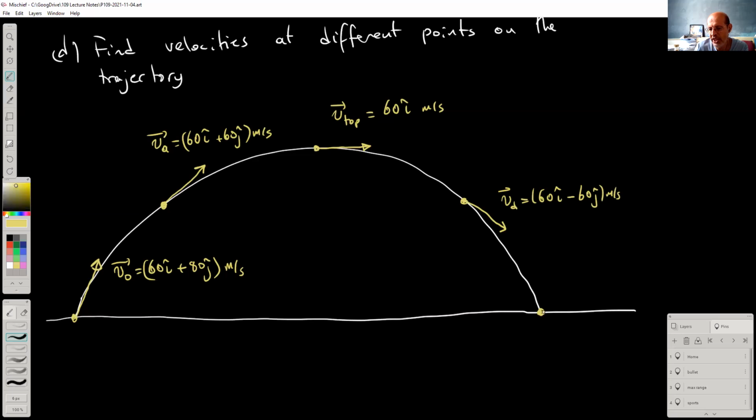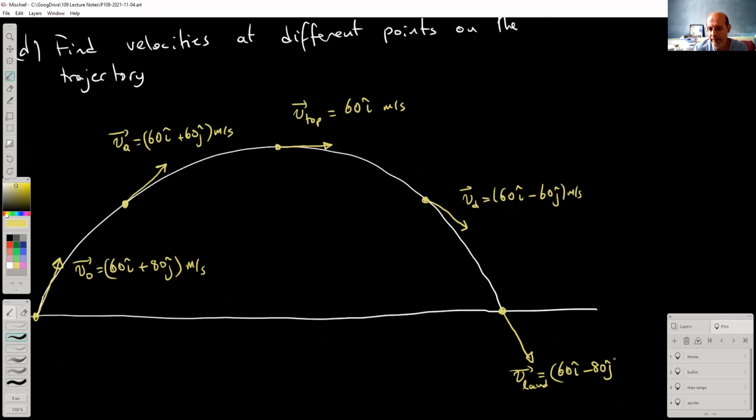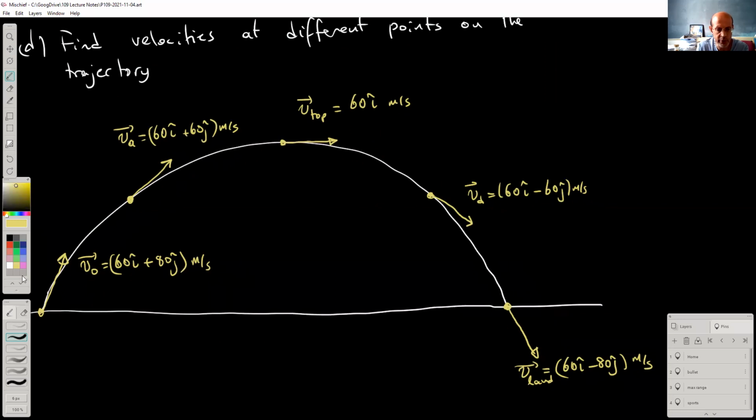The y component changes continuously. So as a result, at this point, let's say V landing here, landing velocity, that's going to be 60i minus 80j meters per second, right? I think I'm going to squeeze it in here like that.